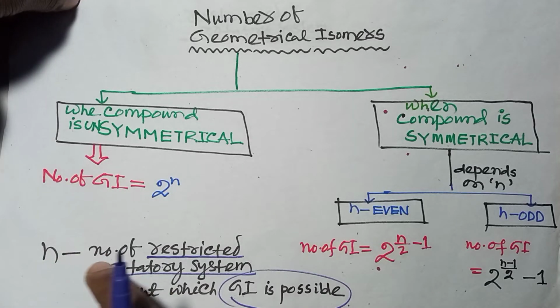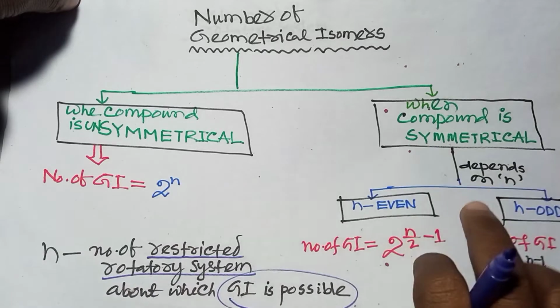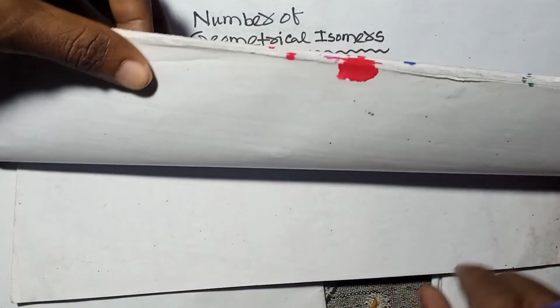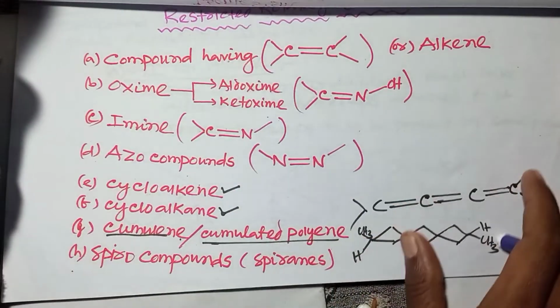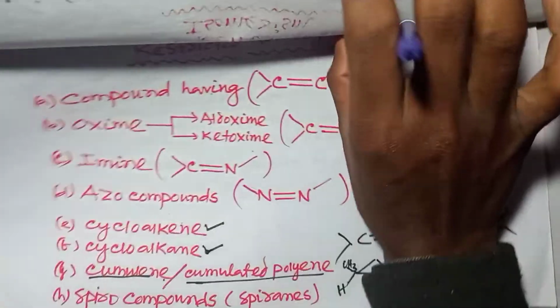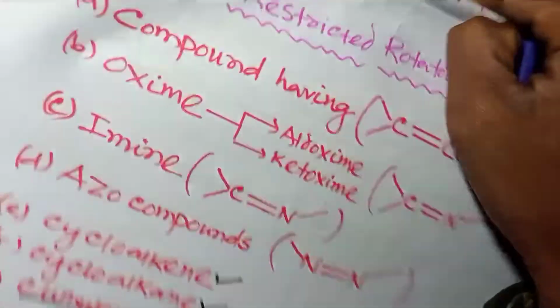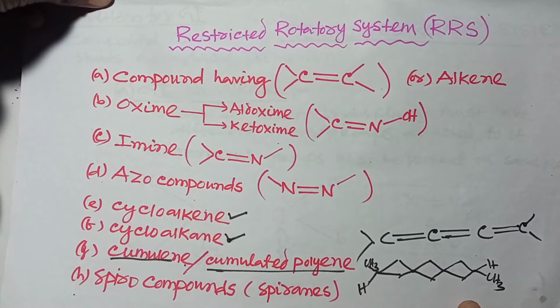Let's see how to find out the value of n. First of all, let's see what a restricted rotatory system is. So here it is, the restricted rotatory system.